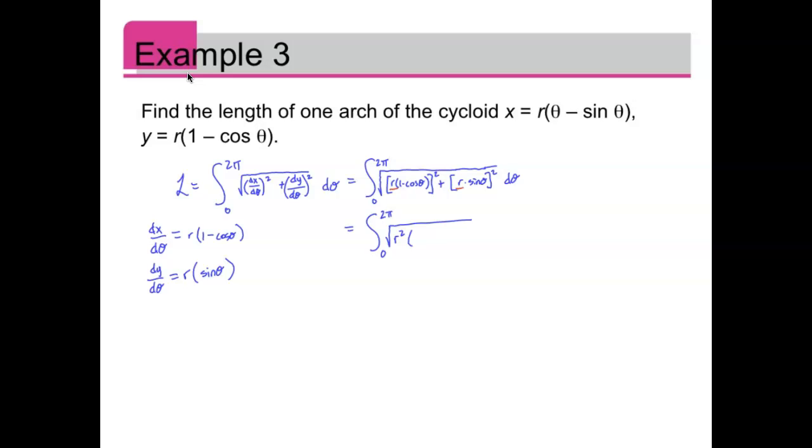Then when I FOIL out the 1 minus cosine, I'll have 1 minus 2 cosine theta, and then plus cosine squared. And then I'll also have plus a sine squared, d theta, right?